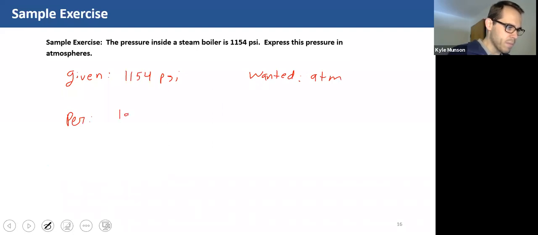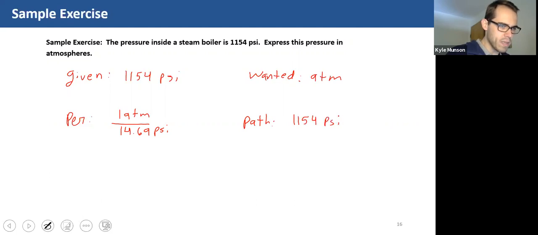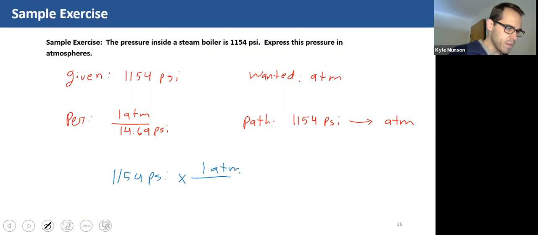Our path is to go from 1,154 psi to atmospheres. If I write that out, I'll see 1,154 psi times, for every 1 atmosphere, there's 14.69 psi. Units of psi cancel.